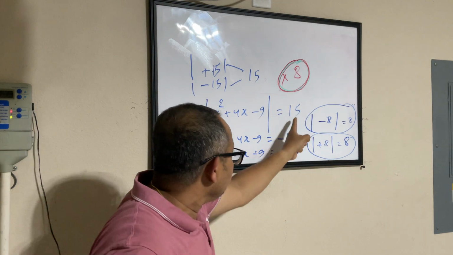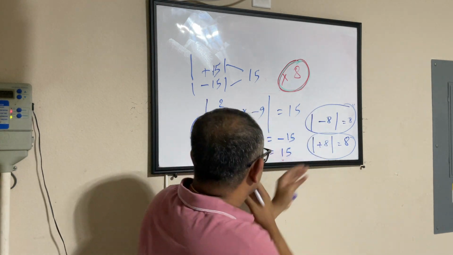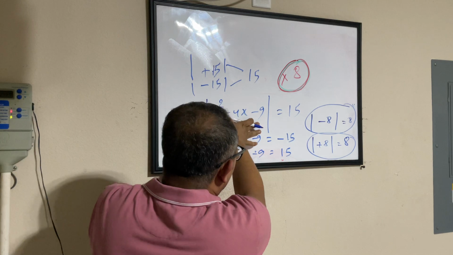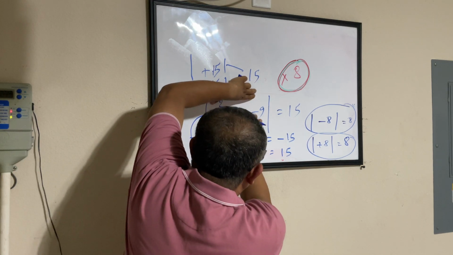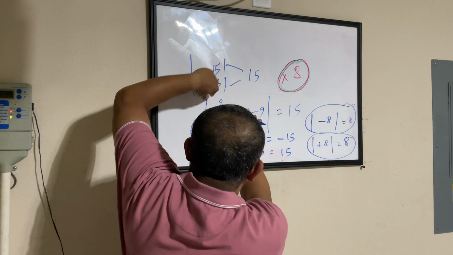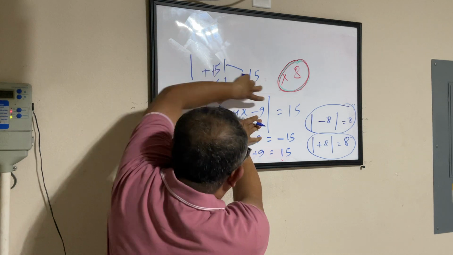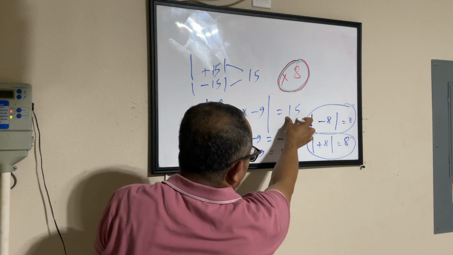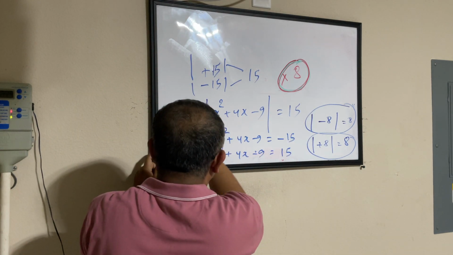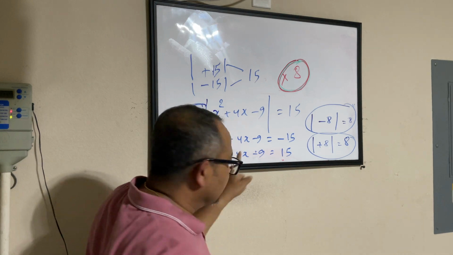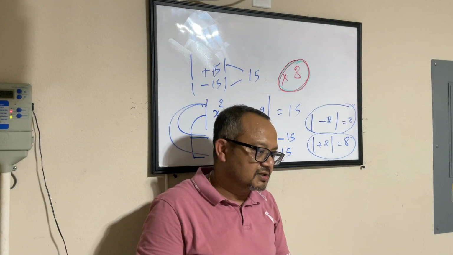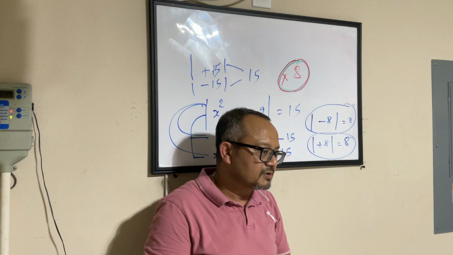So basically, I am looking at it in the reverse direction. When I have this equation to solve, my interpretation would be that this whole thing can be minus 15 or plus 15, and the mod of that or the absolute value of that is 15. So that is why I am converting this into two equations so that I can get two possible solutions. Does that make sense, Dhanvin, now?